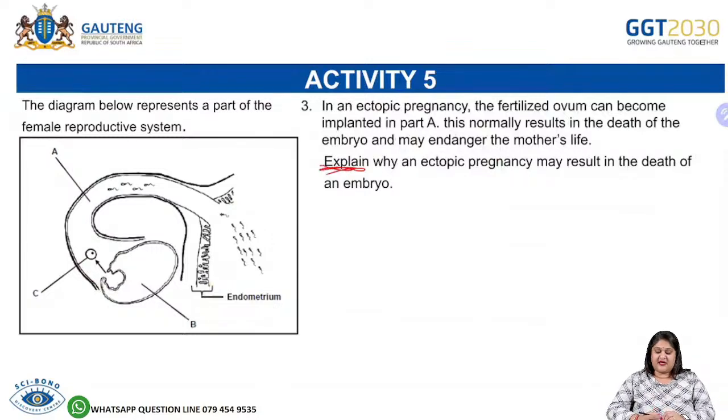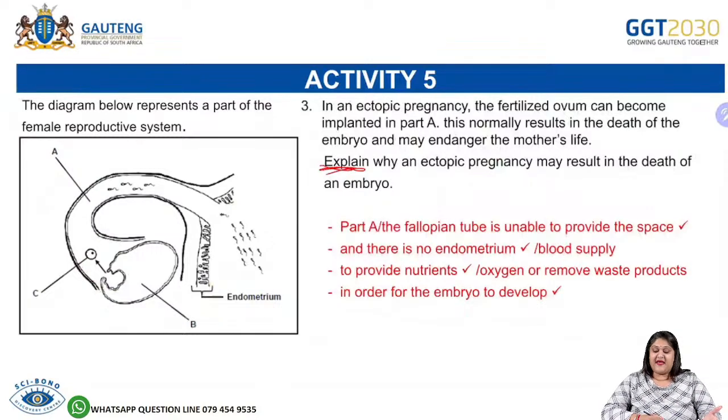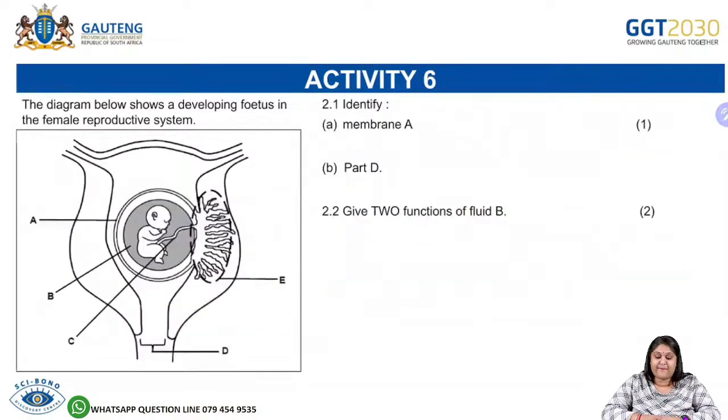So this is what we actually need to explain. You need to say that the fallopian tube is unable to provide the space. Okay, that's another one. It's a tube, right? It is small. So it's unable to provide space. There is also no endometrium, so there's no blood supply to provide nutrients and to remove the waste. And there's no space in order for the embryo to develop. Okay, so you just needed to explain it just like that.